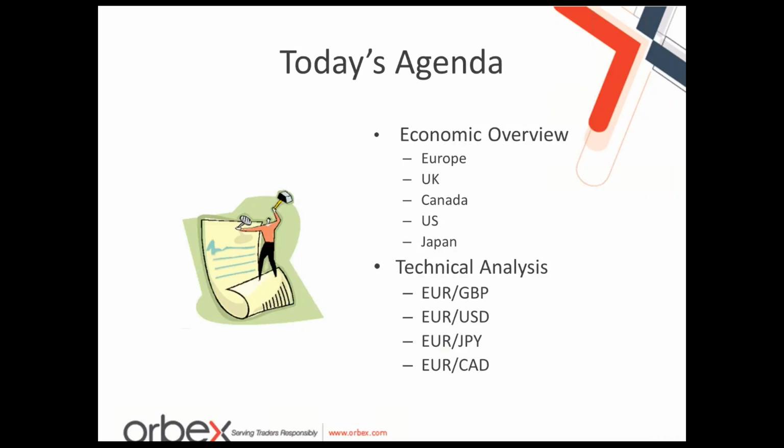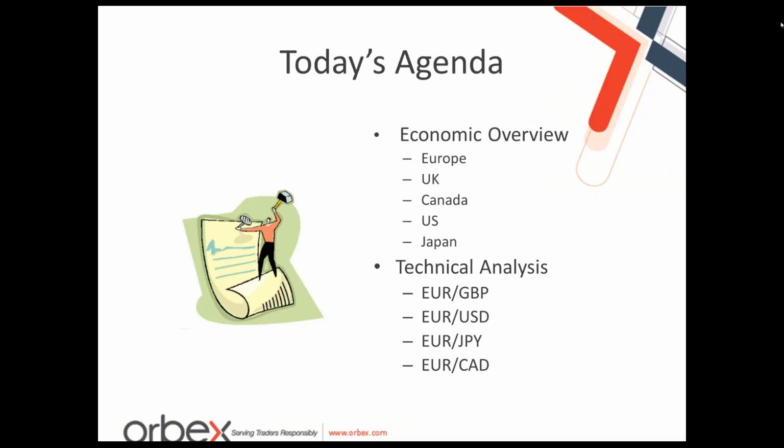On the agenda today, we are going to first do an economic overview for all of these currencies that we're going to do the analysis on. We're going to take a look at Europe, UK, Canada, US, Japan, and then we're going to take the fundamentals to the platform, the charts, and do an analysis on euro pound, euro dollar, euro yen, and euro CAD.